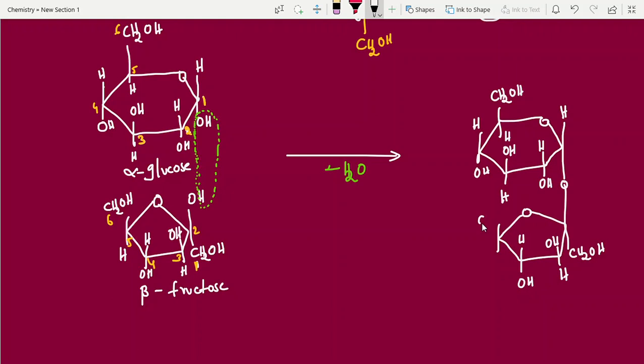Next one CH2OH, CH2OH and H. This linkage we call a glycosidic linkage. This oxygen linkage we call a glycosidic linkage or ether linkage also. This is about sucrose.